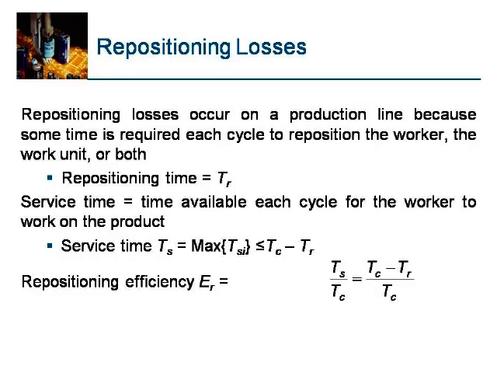Repositioning losses occur on a production line because some time is required each cycle to reposition the worker, the work unit, or both. Reposition time is TR, and service time TS is the time available each cycle for the worker to work on the product.